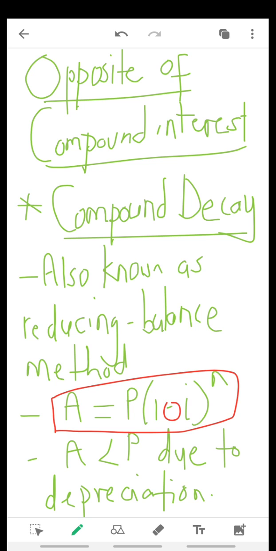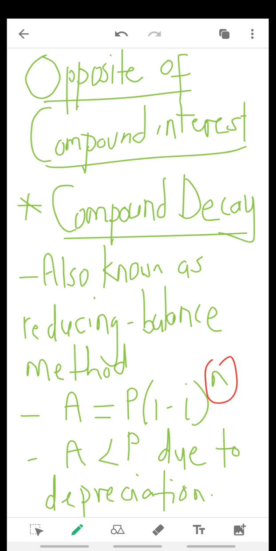Look at that, it's a minus because there is a loss in value. So the difference is just the plus and the minus. And then what do we know? Since there is depreciation, meaning what we start with initially will be bigger than what we end up with finally, P will always be greater than A due to depreciation.